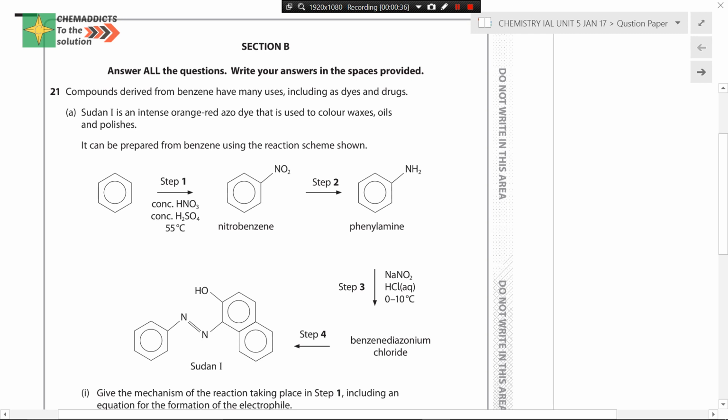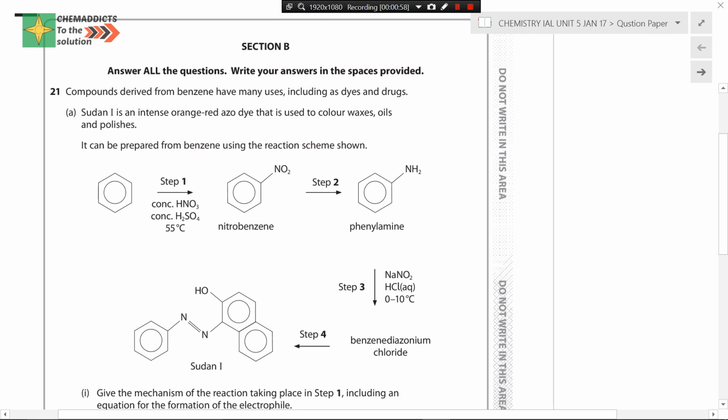So at first let us read the question. Compounds derived from benzene have many uses, including as dyes and drugs. Sudan 1 is an intense orange red azo dye that is used to color waxes, oils and polishes.